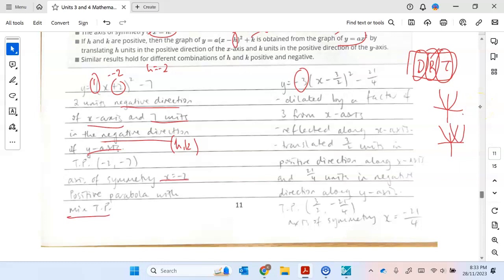That means we've been dilated, then translated. If we went the other way around and did a translation first, we would be here, and then our reflection would bring it over here. So just be careful with your order.